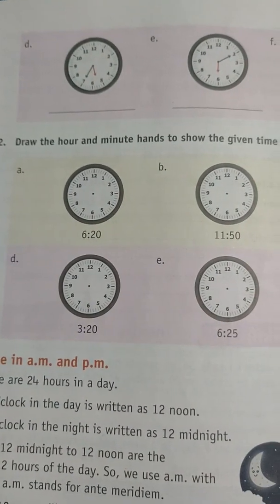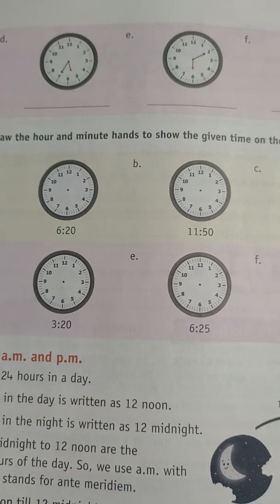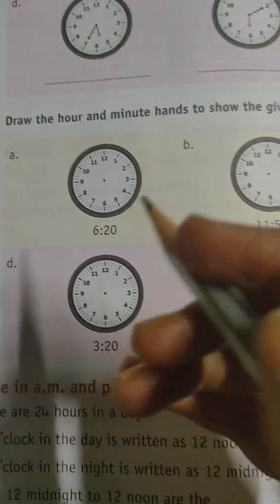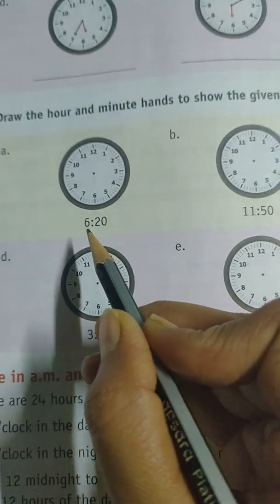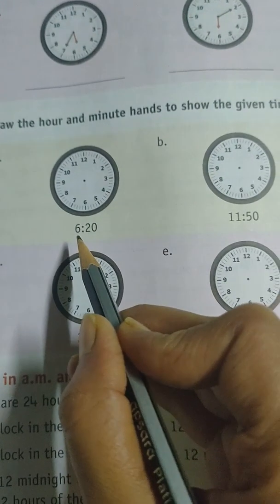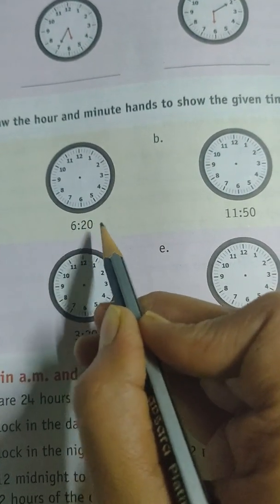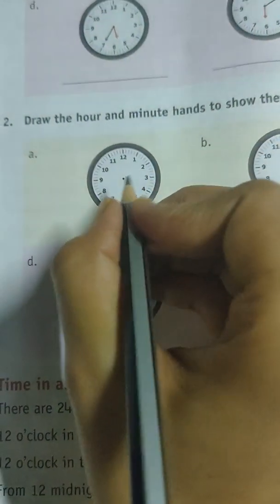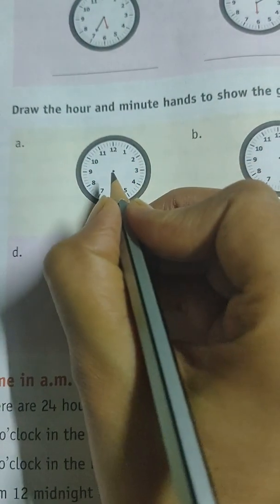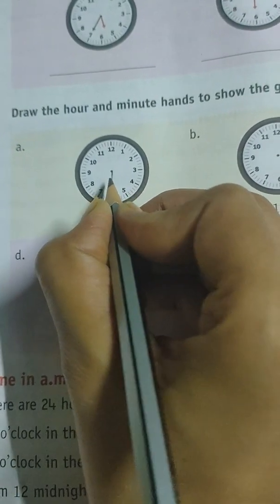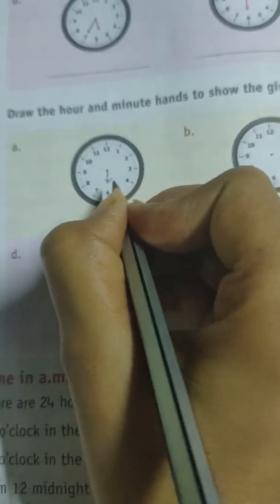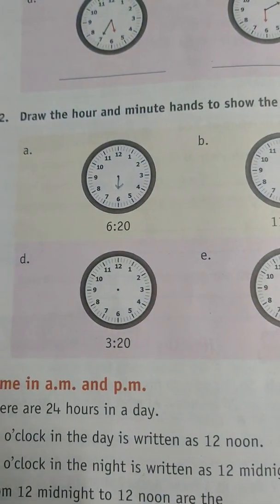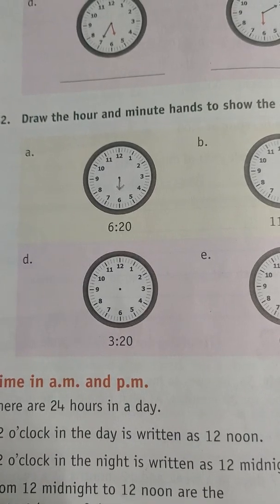Question number 2: draw the hour hand and minute hand to show the given time on the clock face. In the first clock, the time we have to show is 6:20, meaning 6 o'clock and 20 minutes past. So we have to show the minute hand and hour hand. The hour hand is on 6. The hour hand should be smaller than the minute hand. Use the table of 5 to show the minute hand.